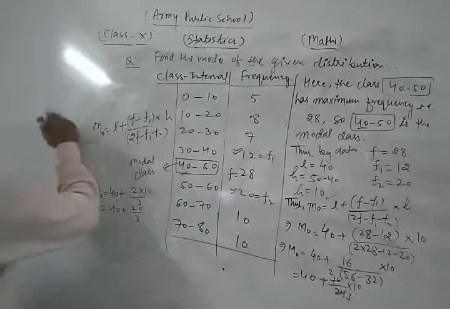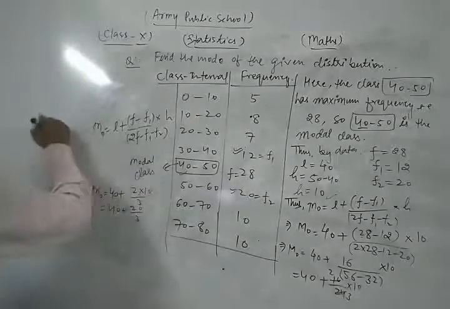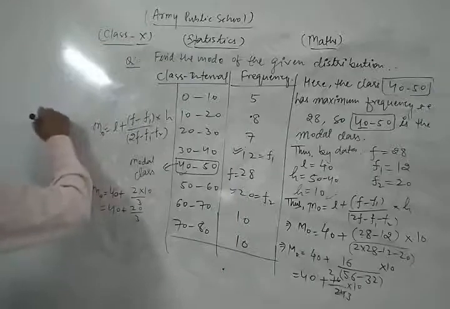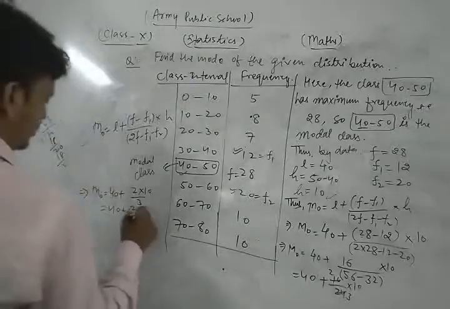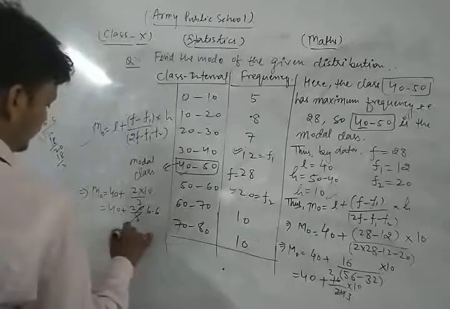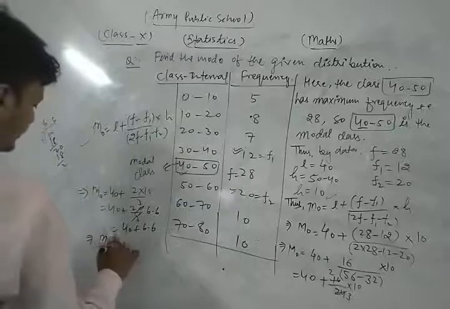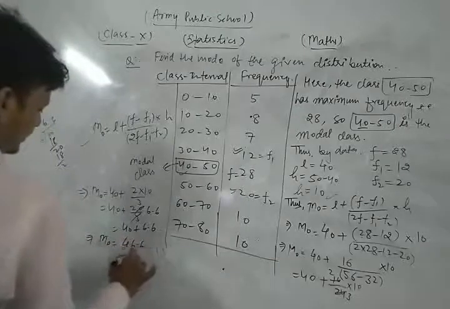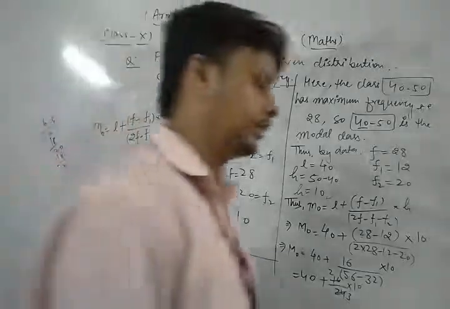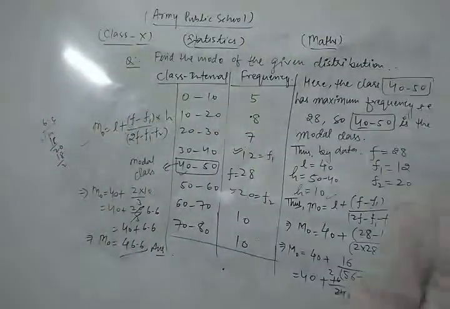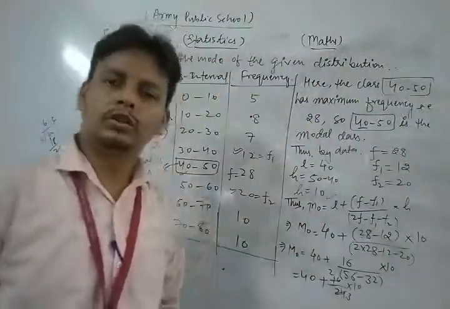Now 20 divided by 3 is 6.6. So we have 40 plus 6.6, that is, the mode of the given data is 46.6. This is the required solution of the given data.